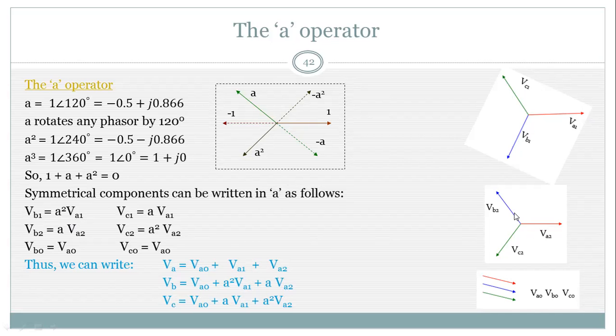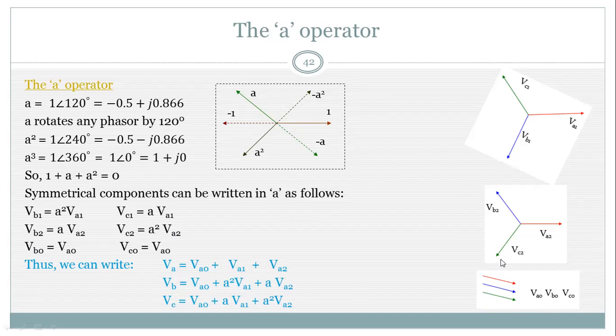Similarly, for VB2, the displacement from VA2 to VB2 is A, that is 120 degrees. So if we multiply A with VA2, we find VB2. VA0 and VB0 are the same, so we can write VA0 instead of VB0.